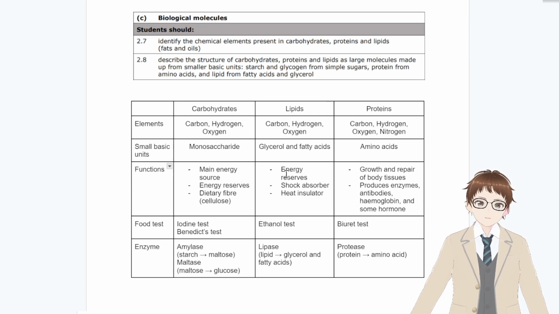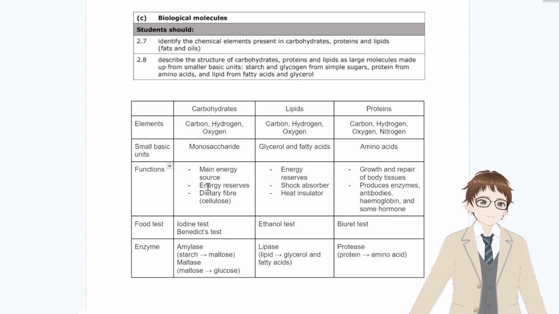For lipids, they can be energy reserves, shock absorber and heat insulator. And lastly, for protein, it helps the growth and repair of body tissues, and it produces enzymes, antibodies, hemoglobin, and some hormones. So yes, it is so useful.